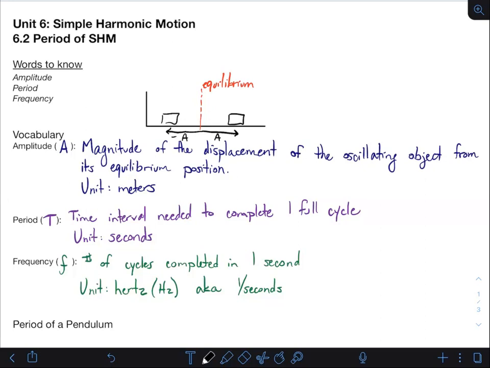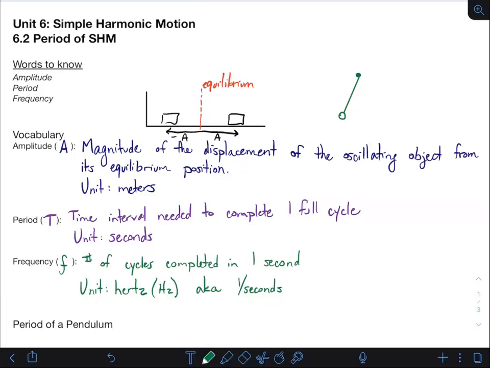And the same thing happens when we look at a pendulum as well. So I'm going to draw a real quick pendulum here. Oh, I would like that line to be a little bit straighter. There we go. So here's a pendulum. It swings to both sides. Again, we should define where our equilibrium is.